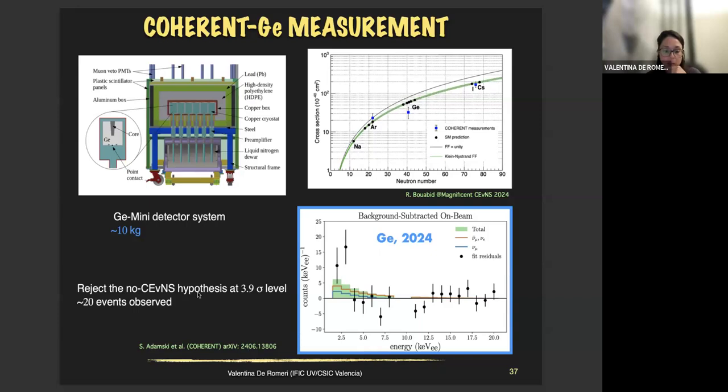So at present, this observation is at only almost 4 sigma level, but of course we are waiting for more data in the near future. So as you can see now, in this figure that I showed before of the typical N-square dependence of the cross-section, there are now 3 points that are trying to reconstruct this curve.